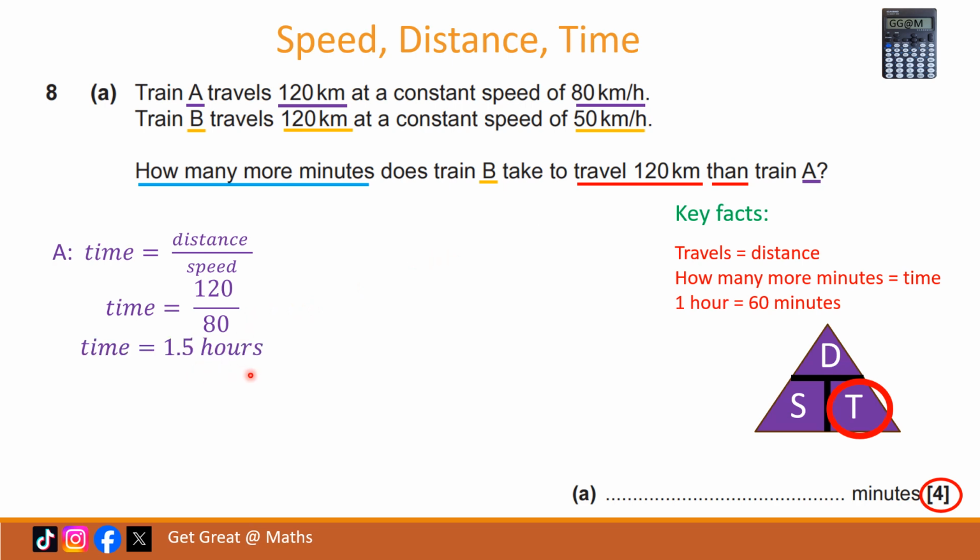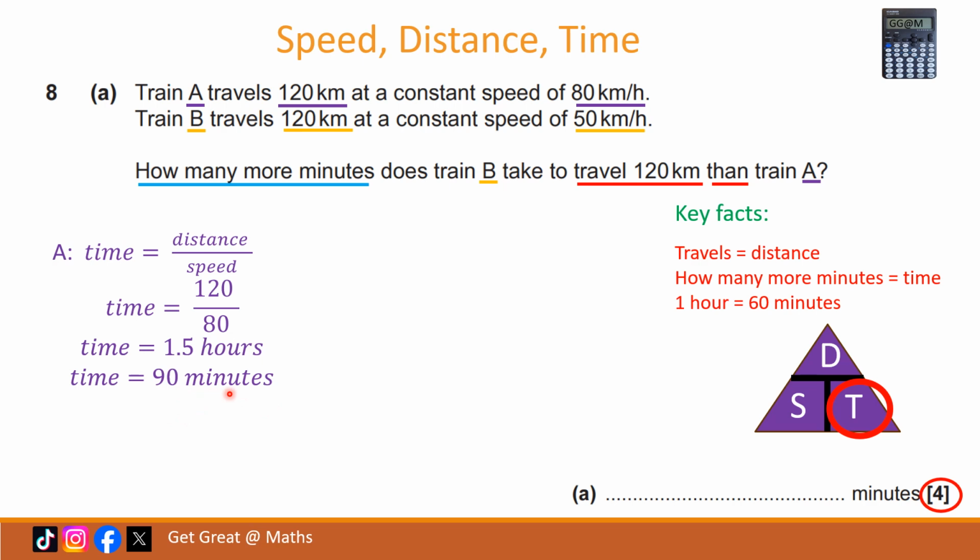And this is in hours because I was dividing 120 kilometres by 80 kilometres per hour, so my units are in hours. You will need to convert this hours into minutes. Now we know that 1 hour is 60 minutes. So we've got 60 minutes plus half an hour, which is 30 minutes. So 60 plus 30 gives me 90 minutes.